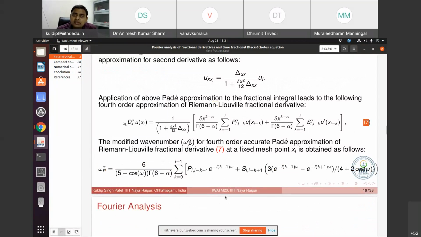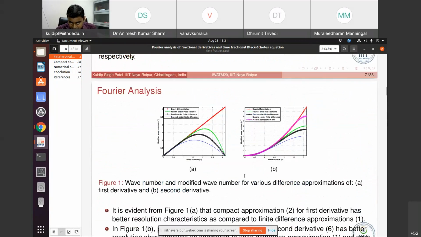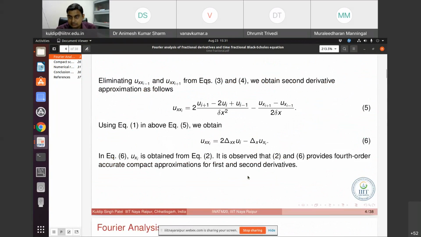But if you remember yesterday's lecture, I discussed one splitting of the second derivative. I'll show it here only. Yeah, this kind of splitting I showed. I believe everyone will be able to relate to it. This kind of splitting I showed yesterday, that the second order derivative can be written like this, equation number 6.